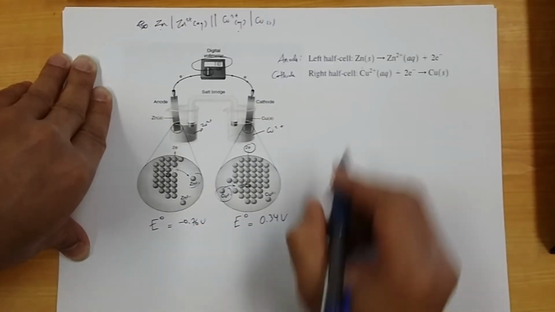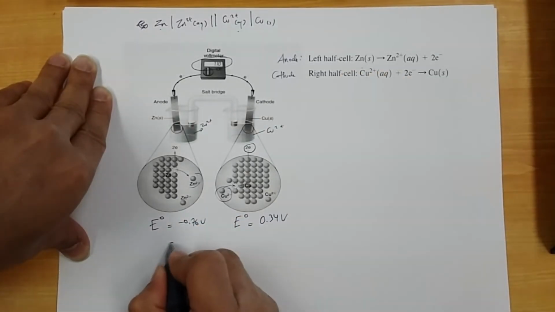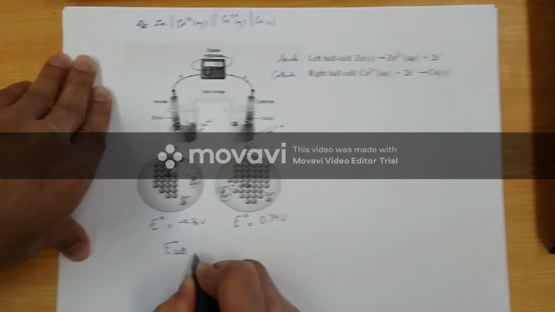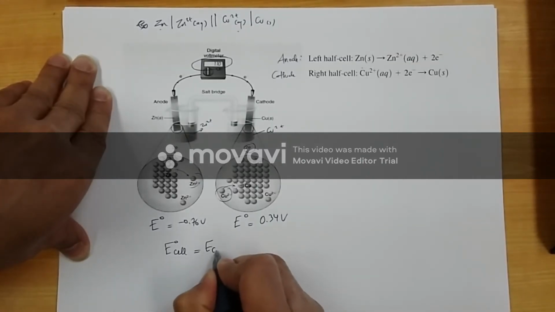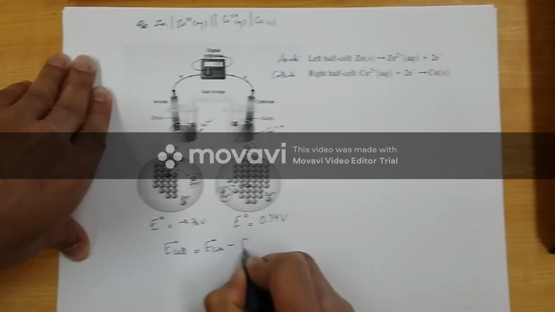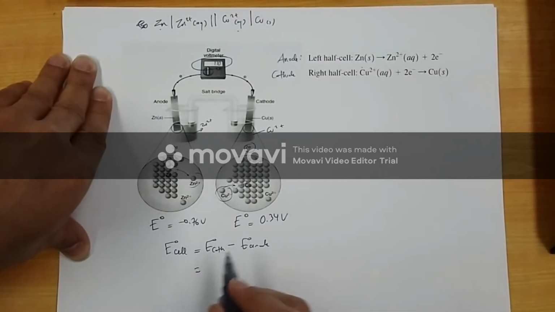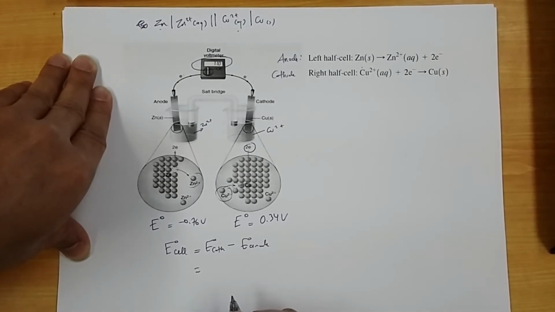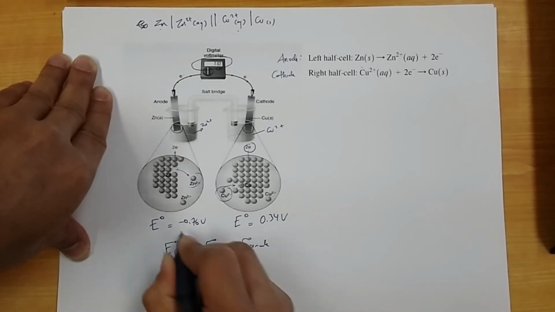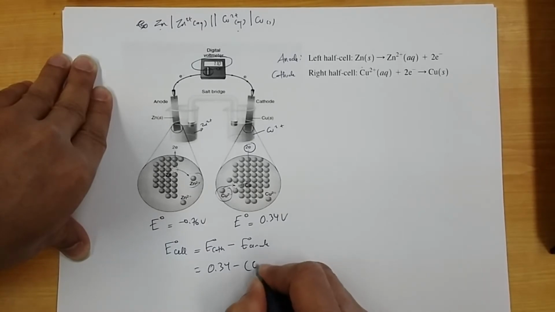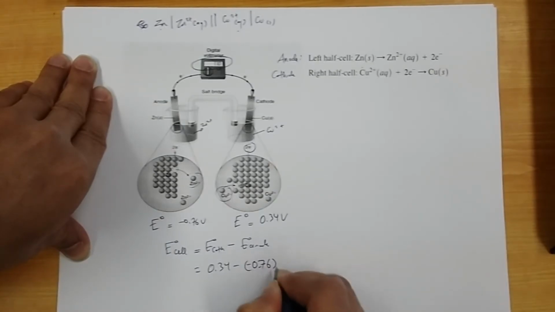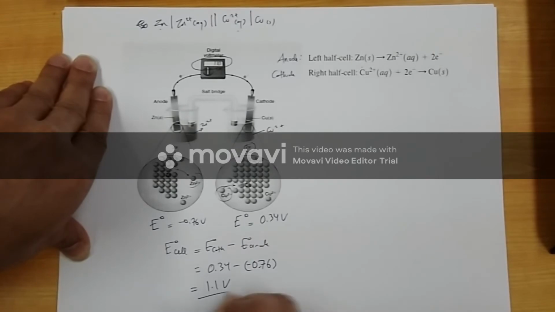Now the E naught cell is the E cathode naught minus the E anode. You take the value directly from the table. The table is presented as a reduction table, so the E cathode is 0.34 minus, for the E anode, minus 0.76, so that will give you 1.1 volt.